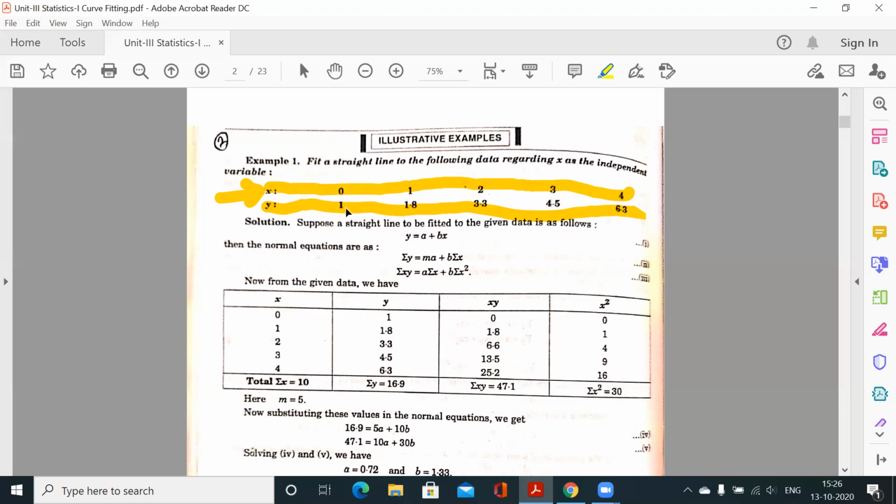Suppose the values of x are 1, 2, 3, and the corresponding values of y are, for 1 it is 1, for 2 it is 4, and for 3 it is 9. By observing these values, you can guess what y is, because for 1 it is 1, for 2 it is 4, for 3 it is 9.